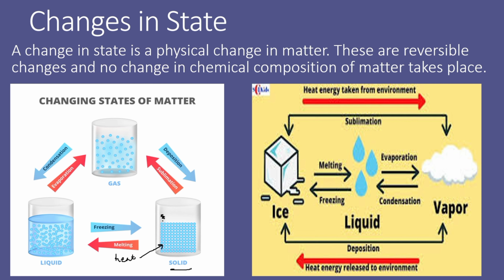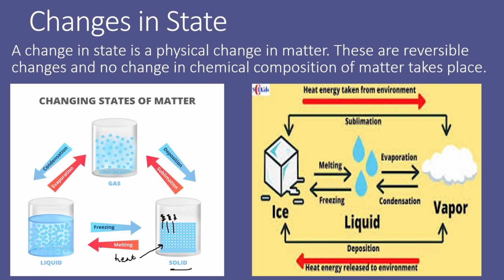As a result, they will need more space to vibrate. Finally, they will overcome the forces of attraction which are holding these particles together. As a result, they will move a little bit far. They will overcome the forces of attraction and move away from each other, and we say that the solid melts into liquid.